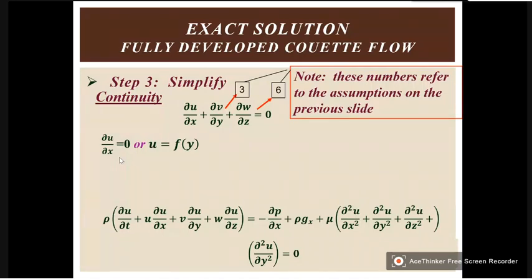Only an expression which doesn't contain x or a constant will satisfy the condition dou by dou x of f(x) is equal to 0. So therefore, dou u by dou x is equal to 0 means that u is not a function of x, but it can be a function of y. So this is what we get.